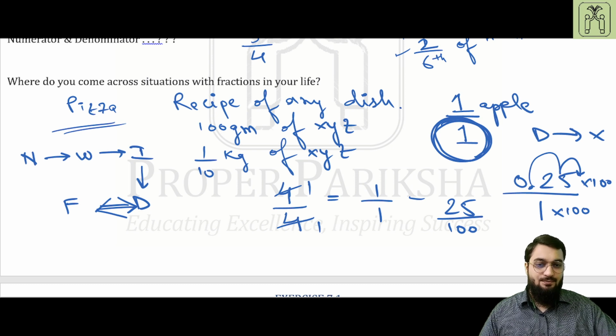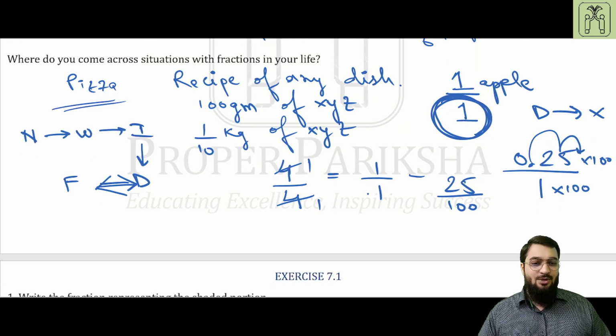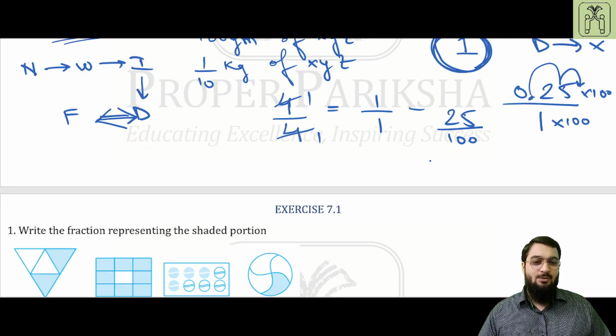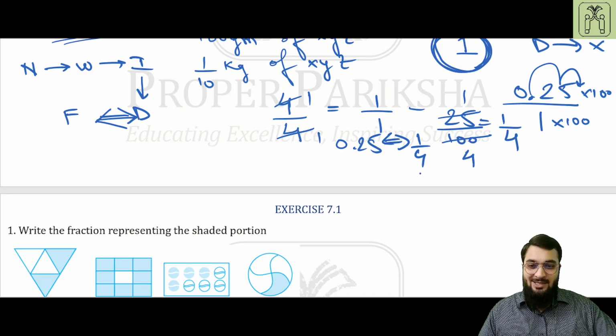And 25 upon 100 is equal to 1 upon 4, because 25 goes into 25 one time and 25 goes into 100 4 times. So 0.25 can also be interchangeable with 1 upon 4. So integers, decimals and fractions: this is the topic in which we learn about all types of numbers, encompassing all types of numbers. Coming to the next topic, that is exercise 7.1.